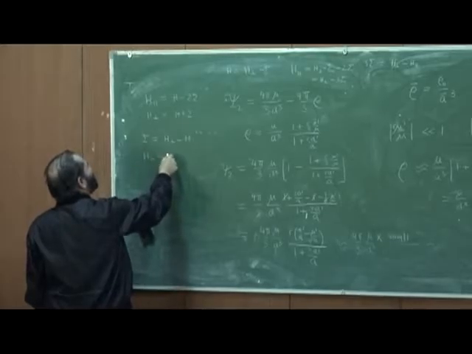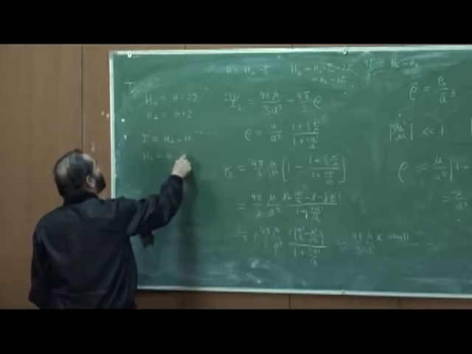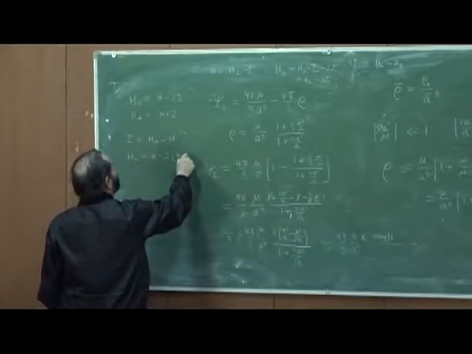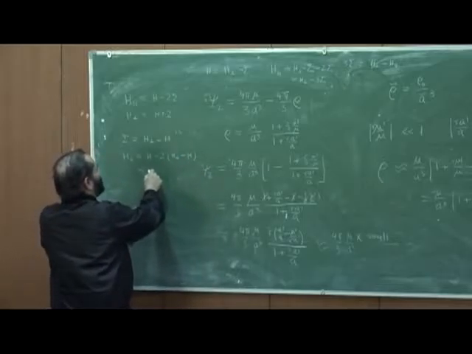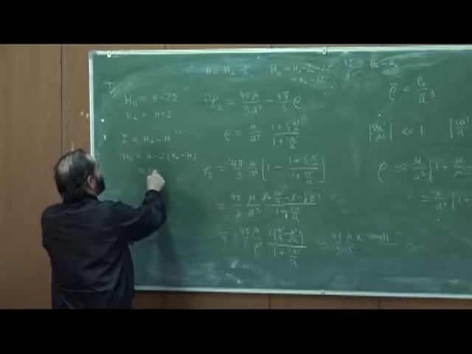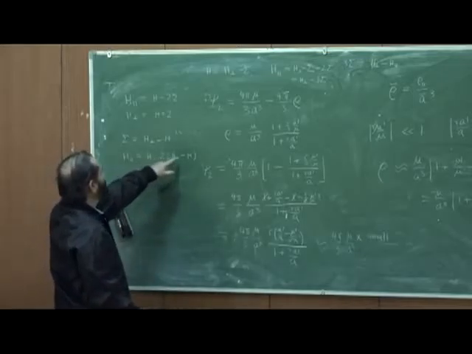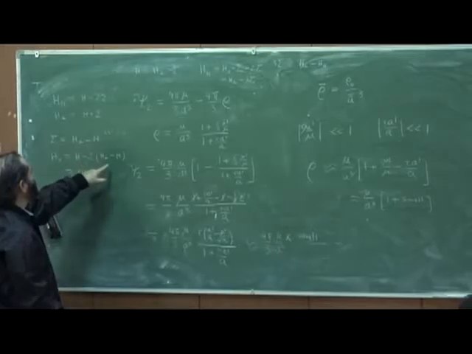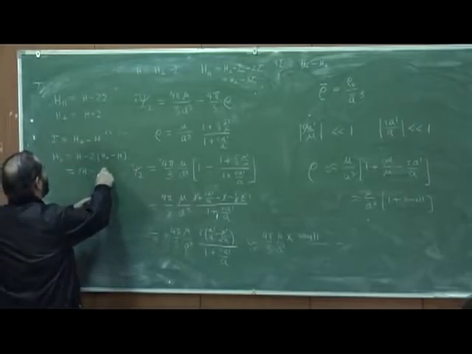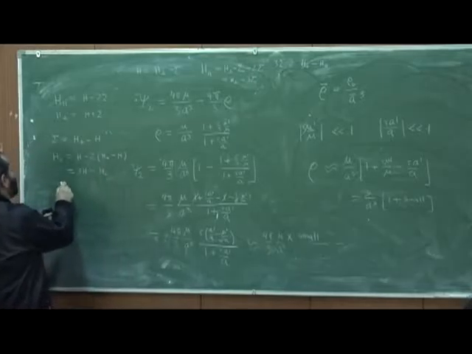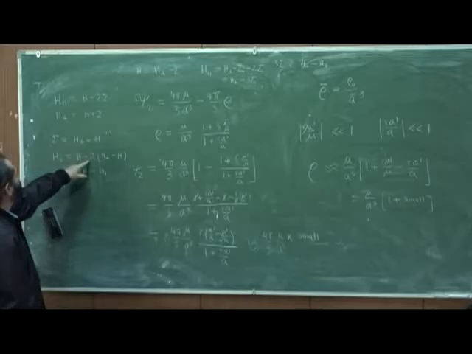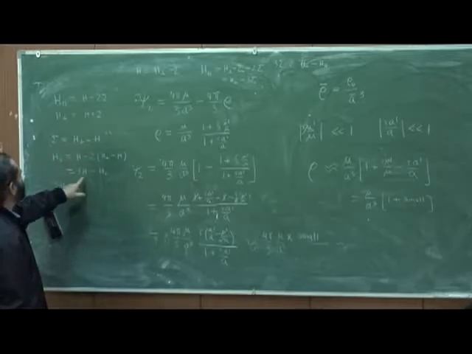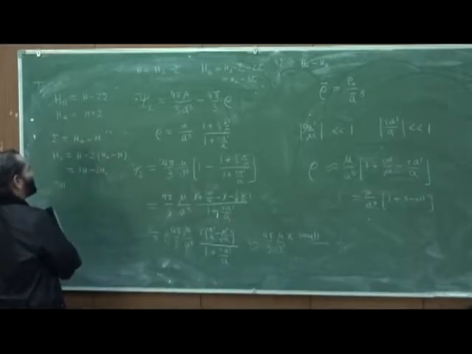H parallel equals H minus 2 times H perpendicular minus H. And here you obtain 3H, because minus 2 is H plus 2 sigma minus H perpendicular, and then you have 2H, minus 2H perpendicular.